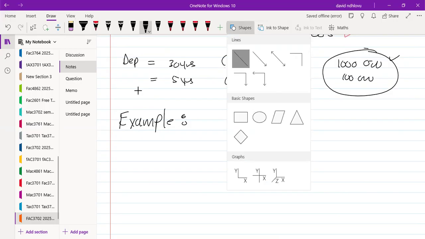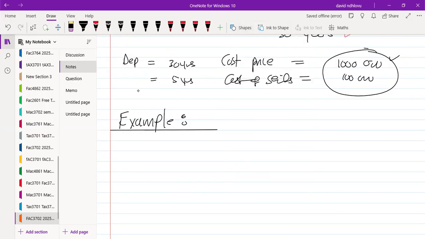Let's say an entity buys a machine for 20 million.